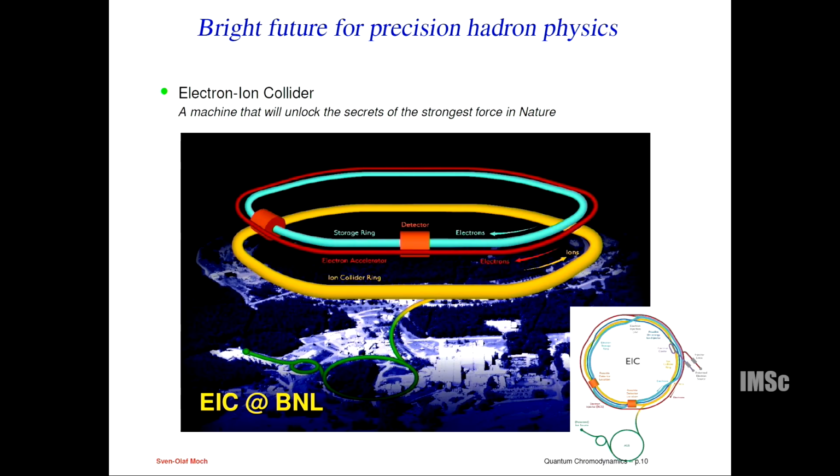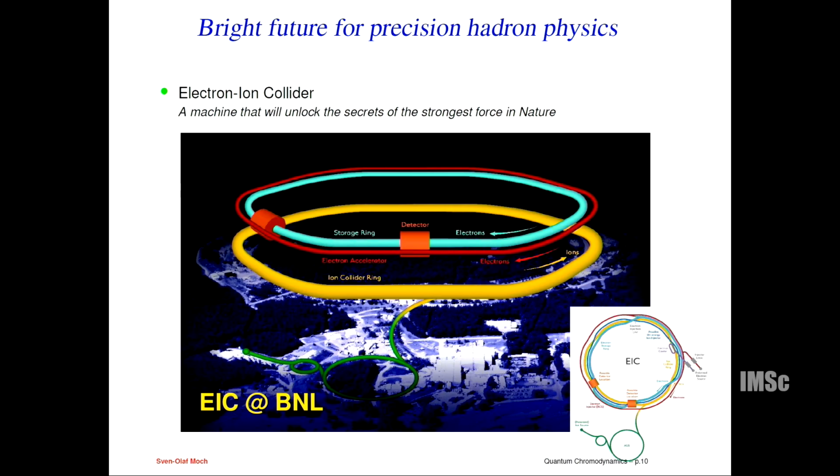But these experiments will also be conducted in the future. Currently, at Brookhaven National Laboratory in the US, there is a refurbishment of the RHIC Collider underway. The RHIC Collider will be switched off at the end of the year, and then it will be dismantled, and a new electron ring will be put into place, so that in the future we'll have electron and ion scattering at high energies.